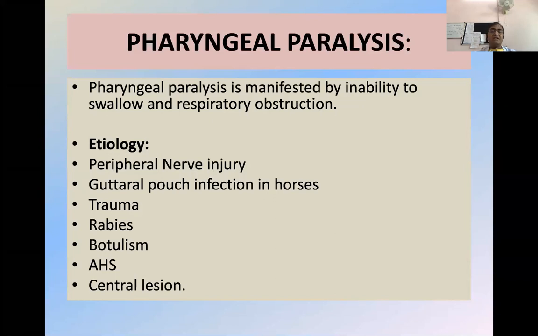The third very important thing I'm going to tell here: in the first, there was drooling of saliva. In the second, there was respiratory distress and regurgitation from the mouth cavity.